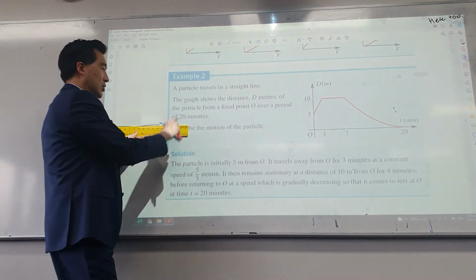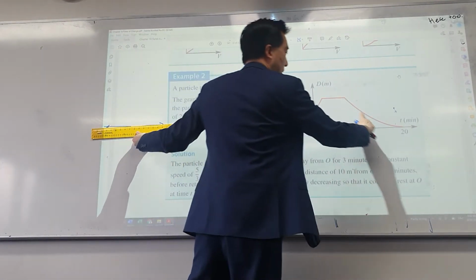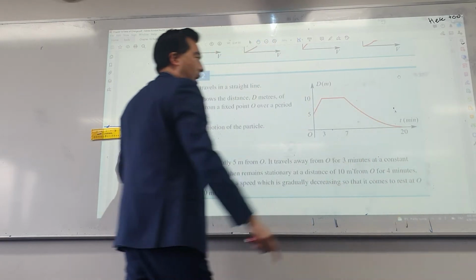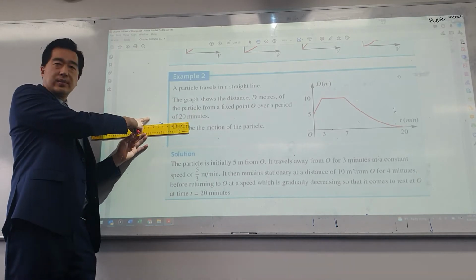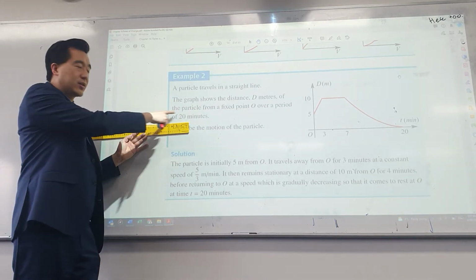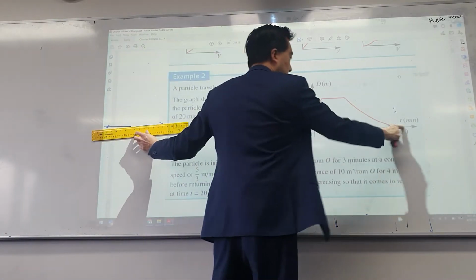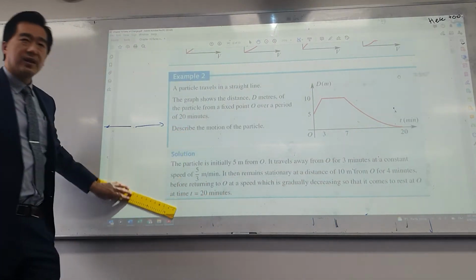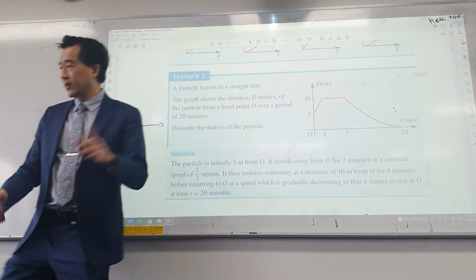So it's stopped there, and it's just waiting, chilling. Then this part means that it's actually going back, and because it's a little bit steeper, it's going fast at the start of it, and then it slows down as it gets towards the origin. When it hits the x-axis, that usually means it's returned to the 0 point. Hopefully that makes sense.